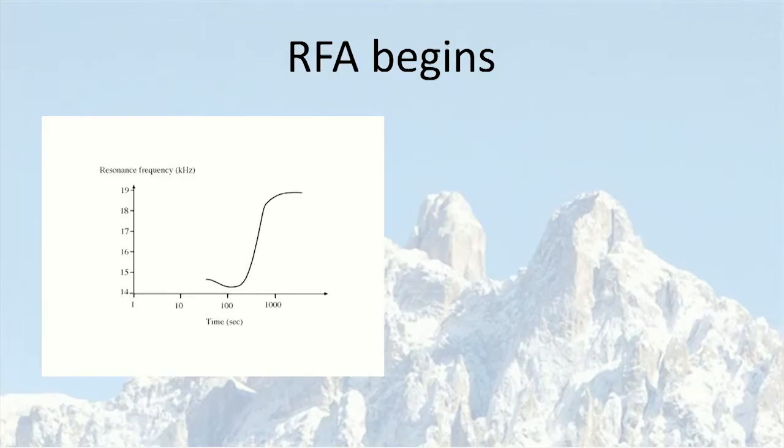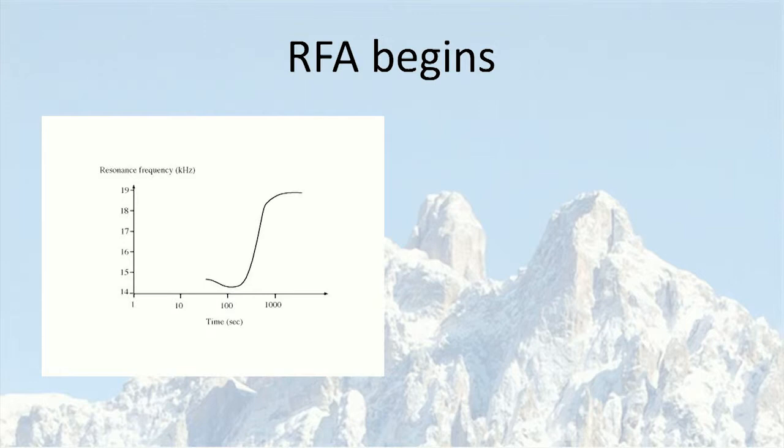So the relation between stiffness and resonance frequency was first tested in vitro by placing an implant in light curing resin. And here we can see how the resonance frequency is increasing while the stiffness of the resin is increasing.